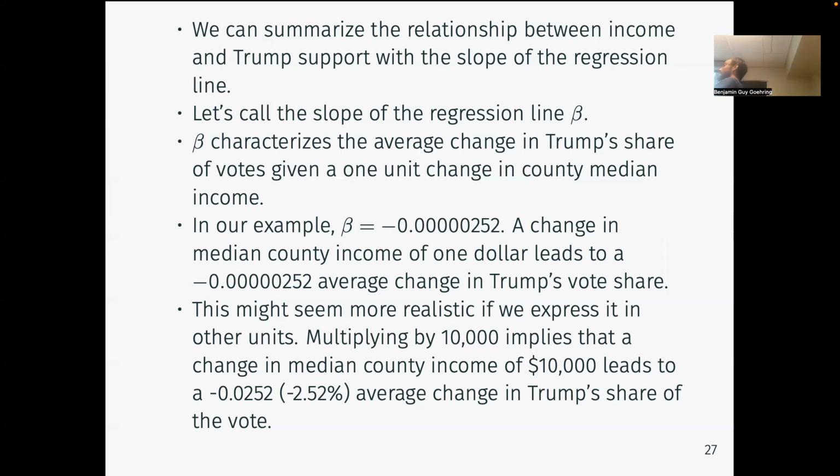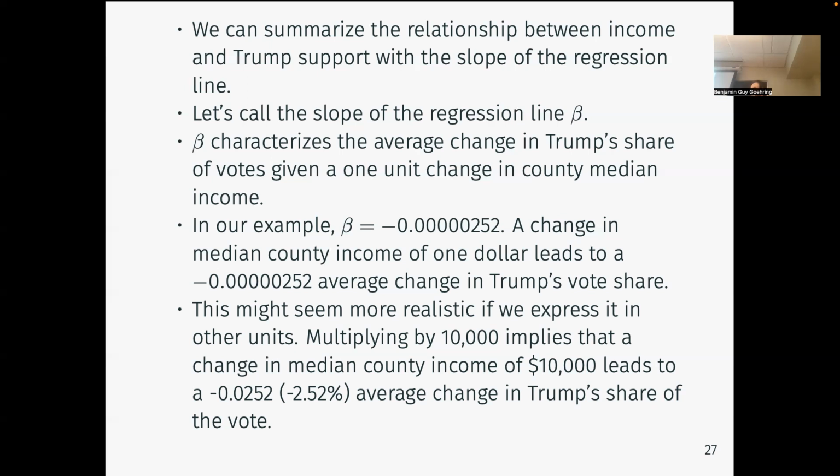The key thing about this is that it's linear, which means that if you change county income from $100,000 to $110,000, or from $20,000 to $30,000, the average change in Trump's share of the vote is going to be 3%.